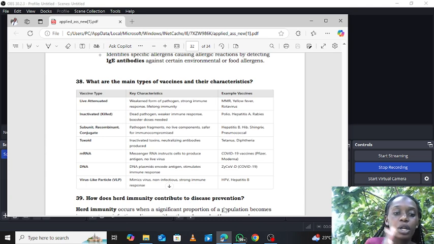And we move to the third question, which is 38, about the main types of vaccines and their characteristics. We have different types of vaccines.